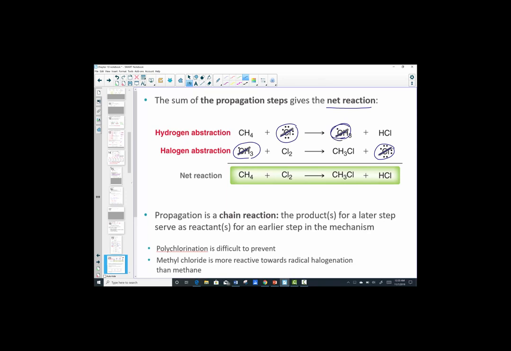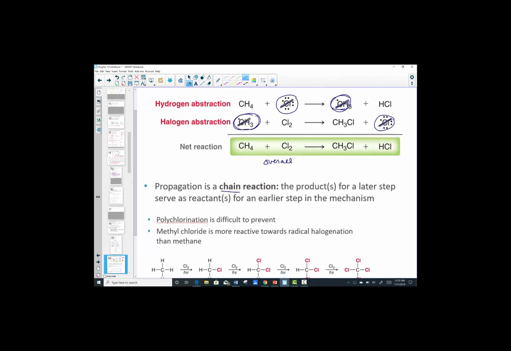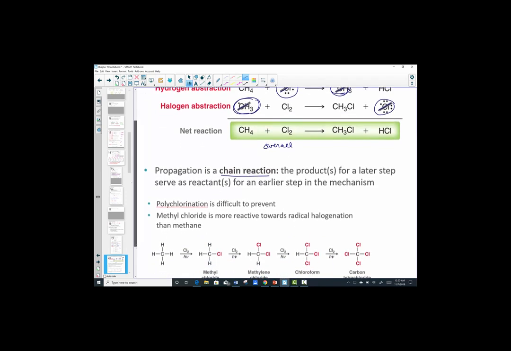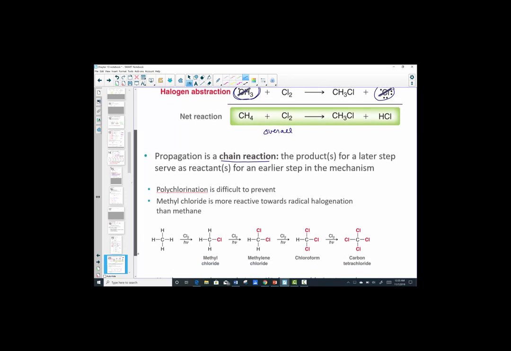The carbon radical cancels on the right with the left, and we come up with the overall equation. And this occurred through a radical mechanism. So remember, the propagation is a chain reaction, and it keeps going and going until the reaction is stopped with the termination step of destroying the radicals.